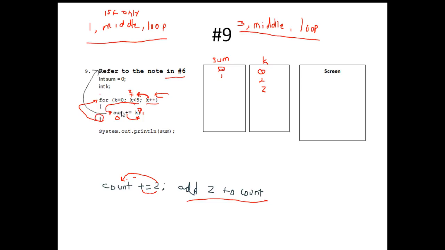We're going to assign sum, which is now 1. We add k to the value of sum right now. Well, k is 2, and the sum is 1, so sum is 1 plus 2. So now the sum becomes 3.